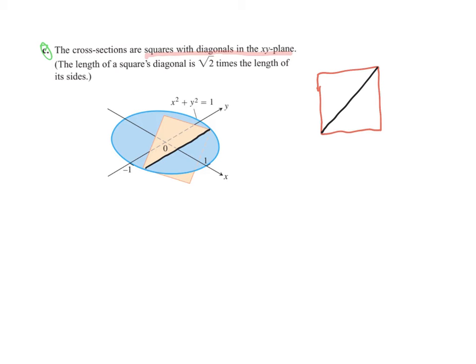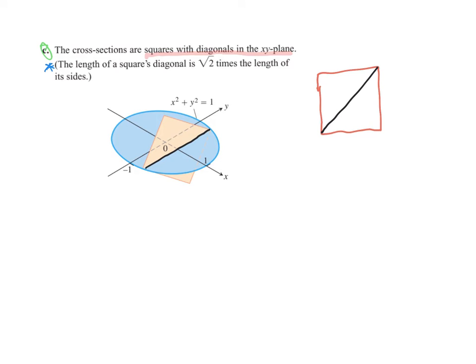And then note, they gave us a little hint about squares and their diagonals. The length of a square's diagonal is the square root of 2 times the length of the sides. In other words, if you want to find out how long the side is, you have to divide by the square root of 2.